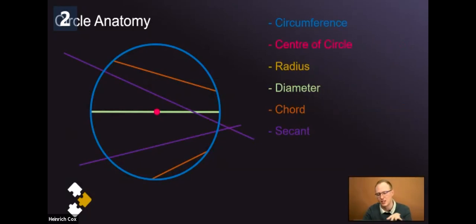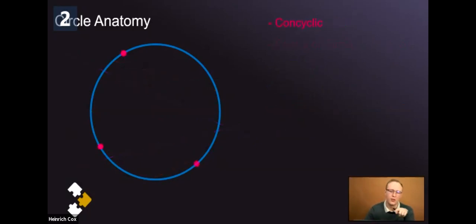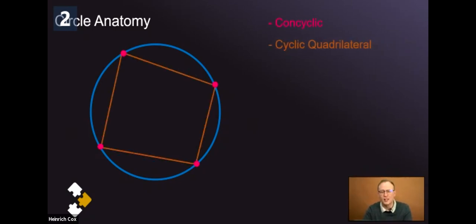So those are basics. Let's make it a bit harder, right? So concyclic is a term that means together on the circle, right? So if points are concyclic, then all of those points fall on the same circle. Now, a cyclic quadrilateral is basically a quadrilateral where the four vertices, those four places where sides join, are concyclic, right?